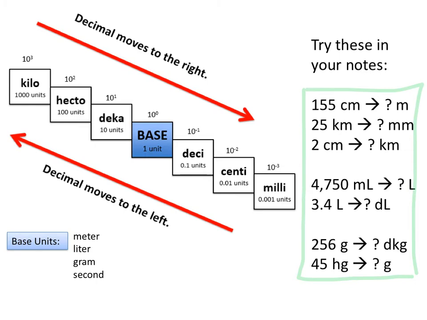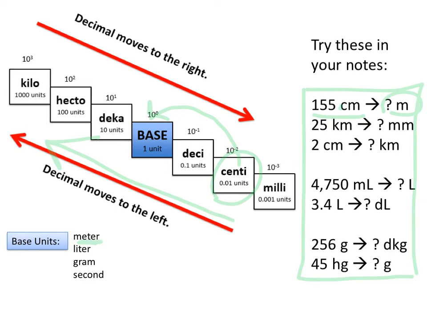The first one that we're going to do is convert 155 centimeters into meters. Starting with centimeters, you're going up to meters, which is your base unit. So you're going up, which means you're going to move your decimal to the left. Remember you have an assumed decimal at the end of that number, 155 point.